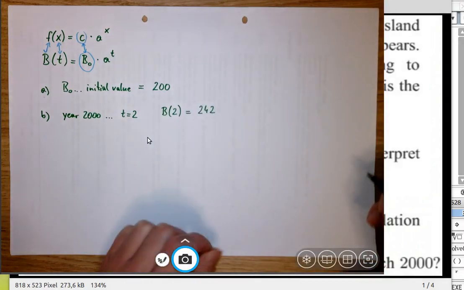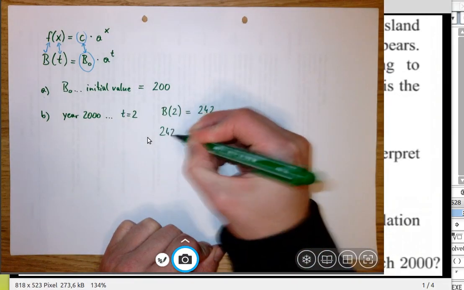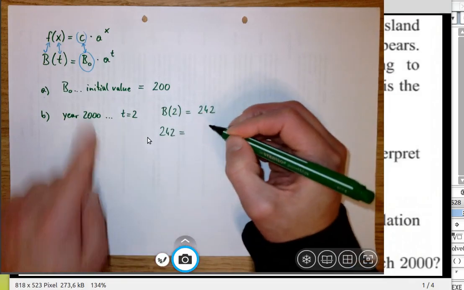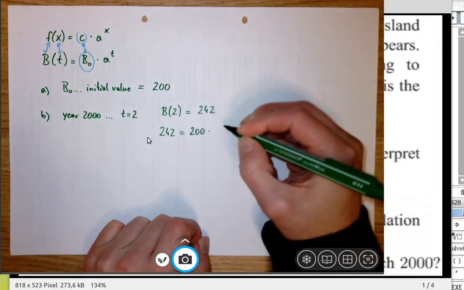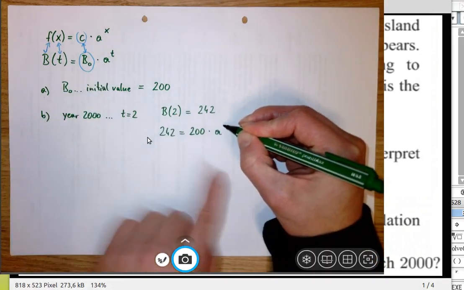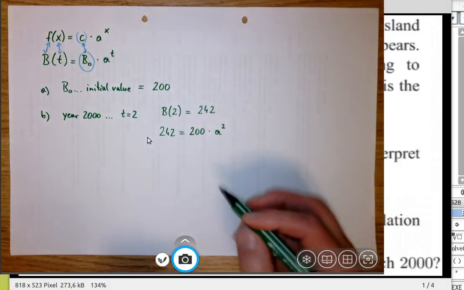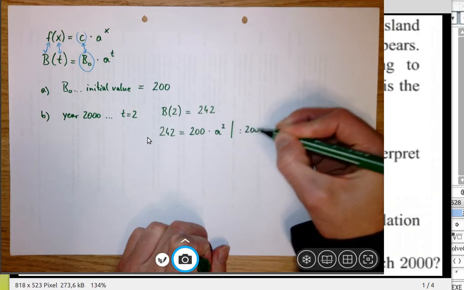We can build an equation from that, because we can say that 242 equals, we know that B0 equals 200, times, we don't know a, but we know t because t is 2 in this case, so we get an equation, and we can solve this equation by dividing by 200.